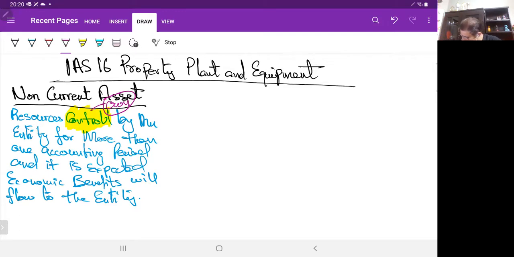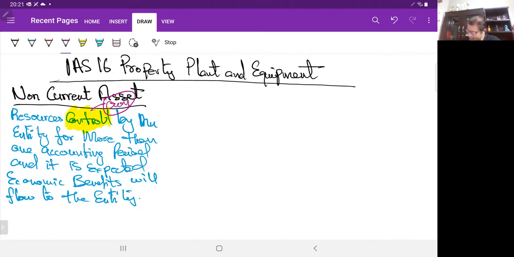Then I'm saying by an entity for more than one accounting period, that means more than one financial year. It can be 2 years, 3, 4, 5, 6 years, whatever. And it is expected economic benefits will flow to the entity. That means the entity will get some consideration for this.